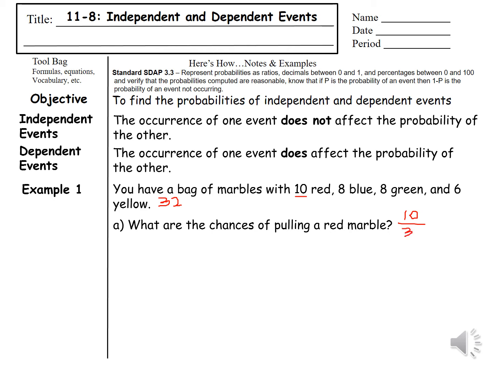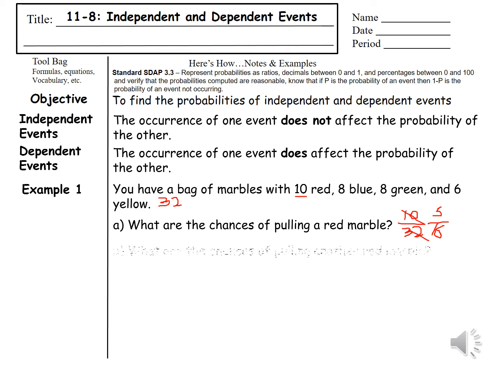So it's 10 out of 32. We can simplify, because 10 and 32 both have a 2 in common, so we divide the numerator and denominator by 2 and get 5 over 16. So 5 over 16 is the probability if you randomly draw a marble from the bag that is red.